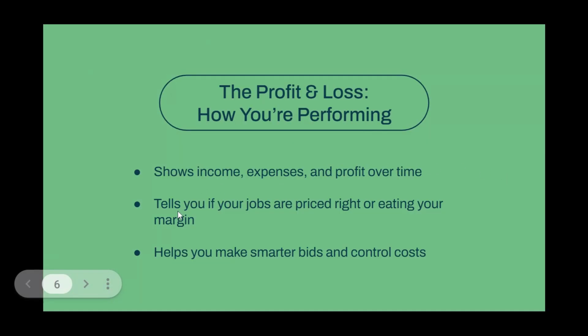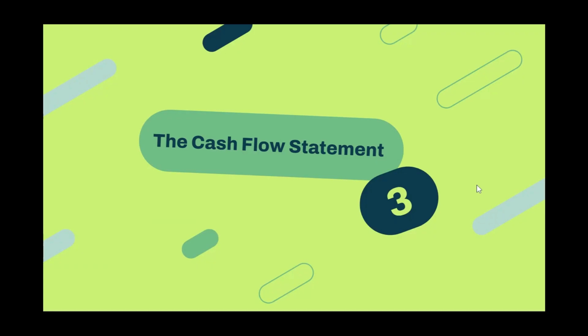It can help you create smarter bids, control costs, all the things that we had chatted about. The third one that we'll talk about is the cash flow statement. This one is really unfamiliar to a lot of people, and is one that takes time to really understand. But it is a really important tool within your business to understand quite literally where your cash is going.